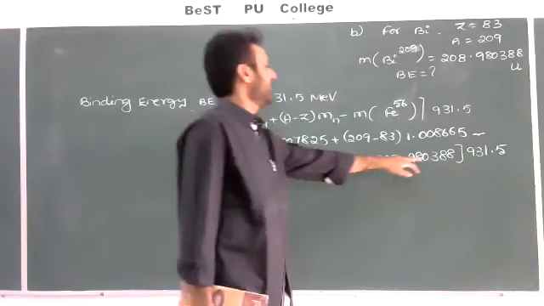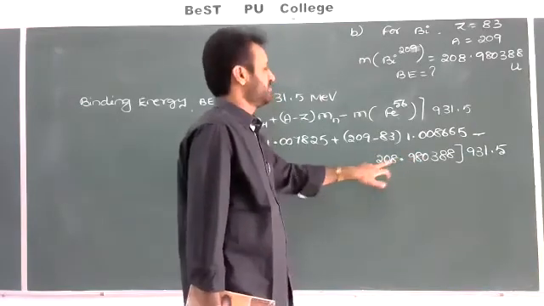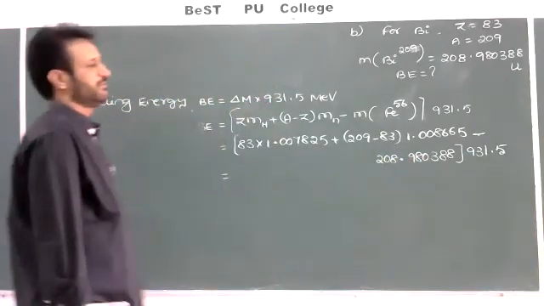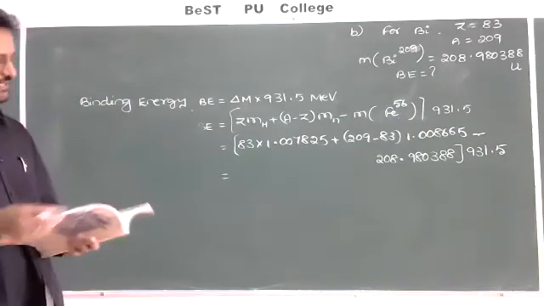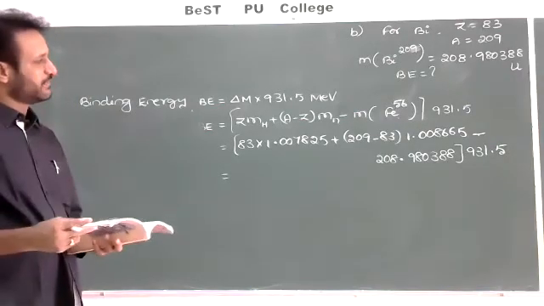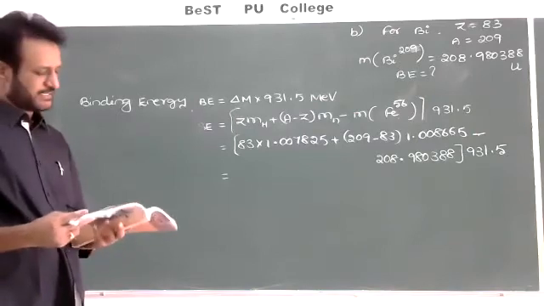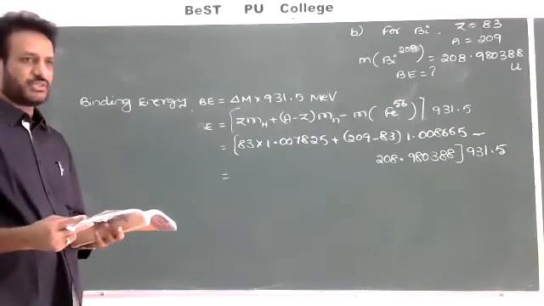To this value, if you add the number 0.000548, the mass of the electron, also given: 208.980388 plus 0.000548.